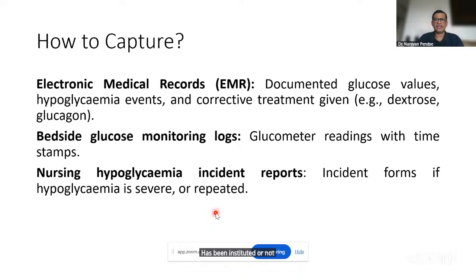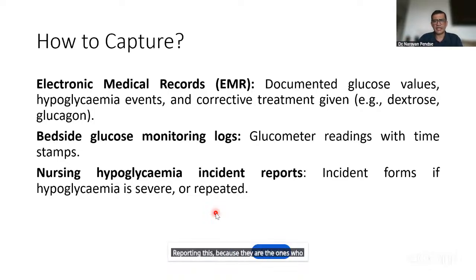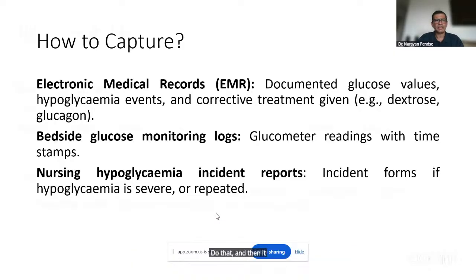Usually it would be the nursing team who would be responsible for reporting this, because they are the ones who enter this data into the case files. Obviously a retrospective audit can be done by the quality team or by somebody else who is tasked to do that, and then it should be reported.